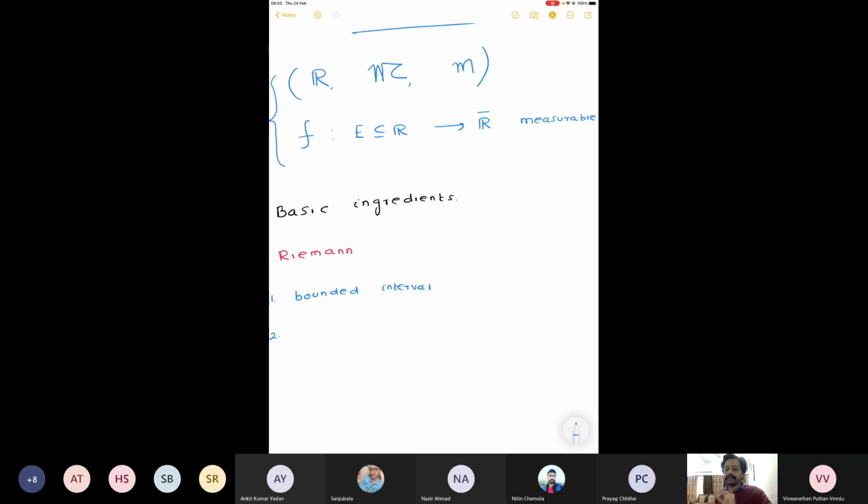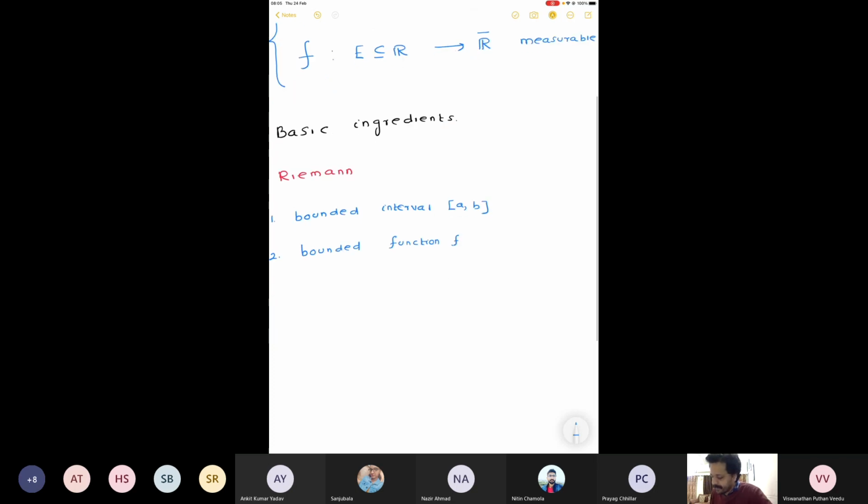The integrand is assumed to be bounded. And if you want to integrate f over [a, b], what we do is approximate f by step functions.